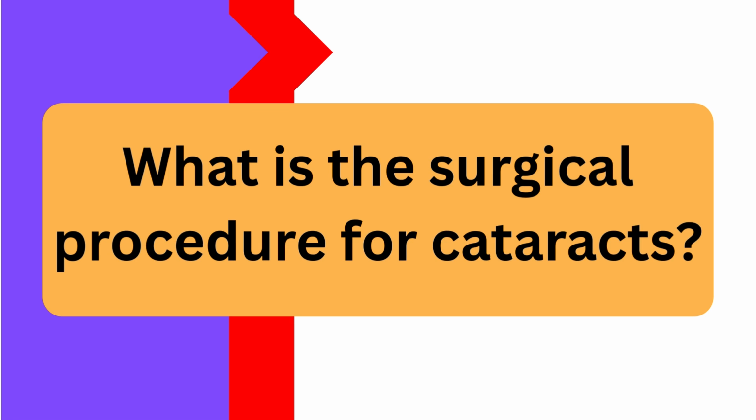Okay. So now let's talk about the surgical procedure for cataracts. What is the typical procedure for cataracts? The most common type of cataract surgery is phacoemulsification. During this procedure, the rapidly vibrating tip of an ultrasound probe breaks up the cataract into 4 segments. These lens fragments are sucked out through the probe, leaving the posterior capsule of the lens intact.